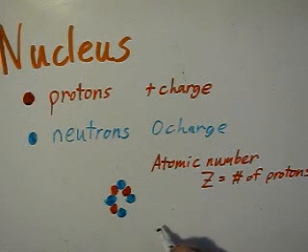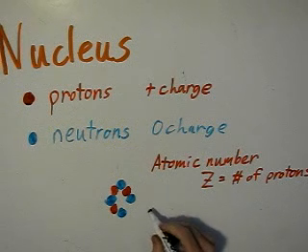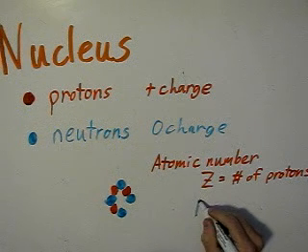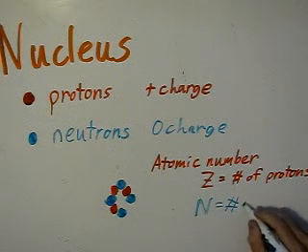We can also have another term which is N, that is just the number of neutrons.